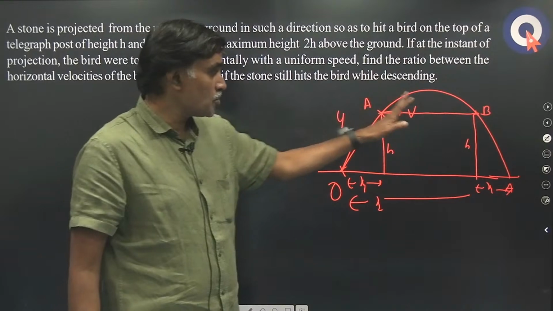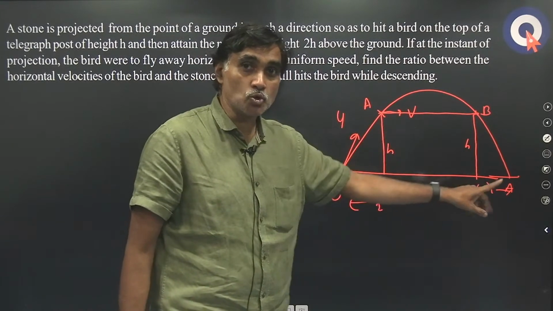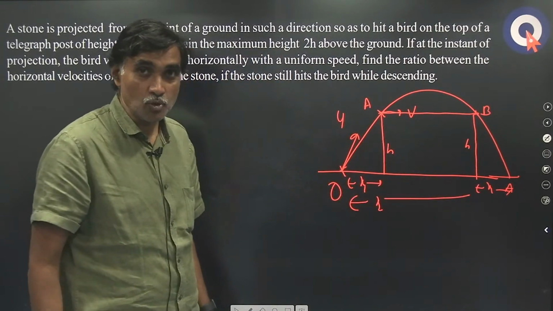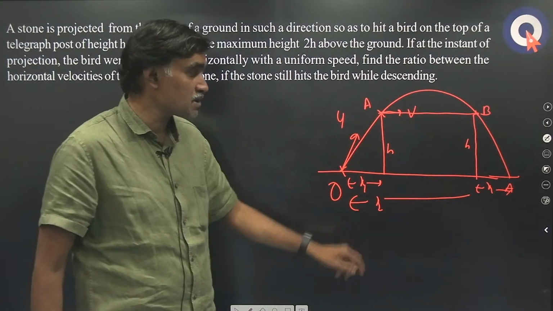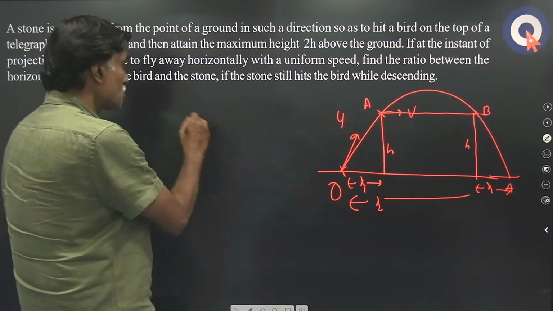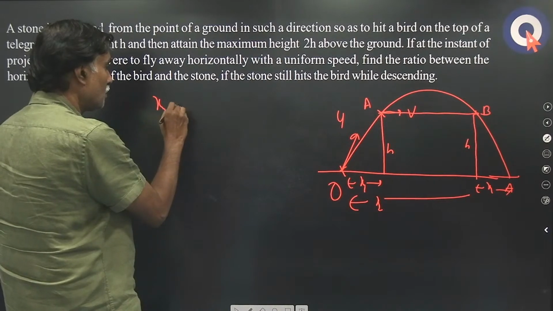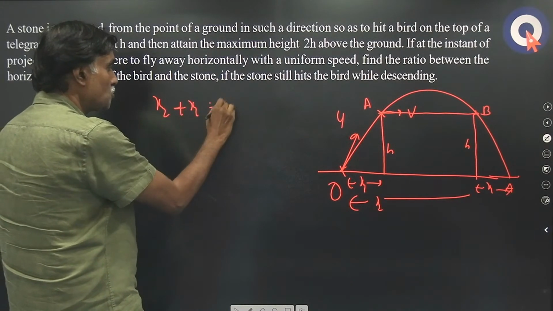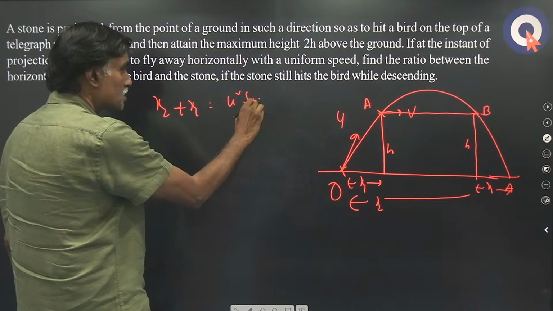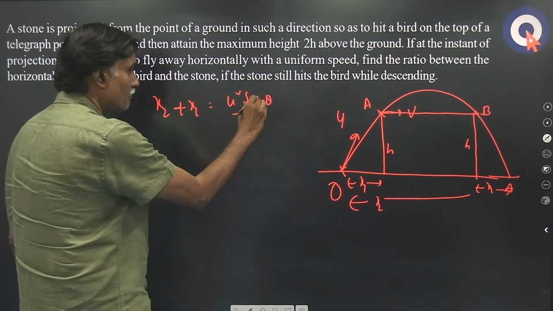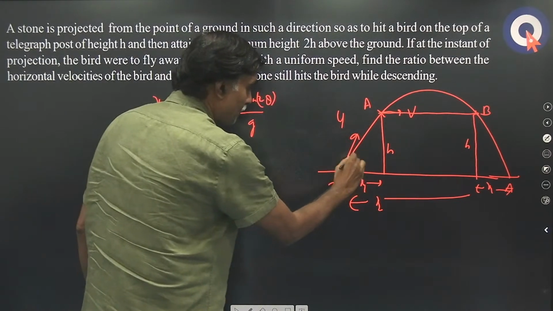Now in a projectile motion, for every one vertical displacement there are two horizontal displacements whose sum is the range. So x2 plus x1 is the range, that is u square sin 2 theta by g, if this angle is theta.